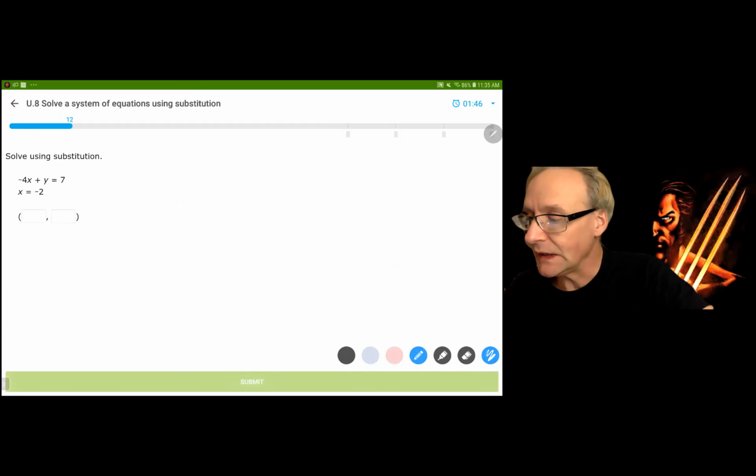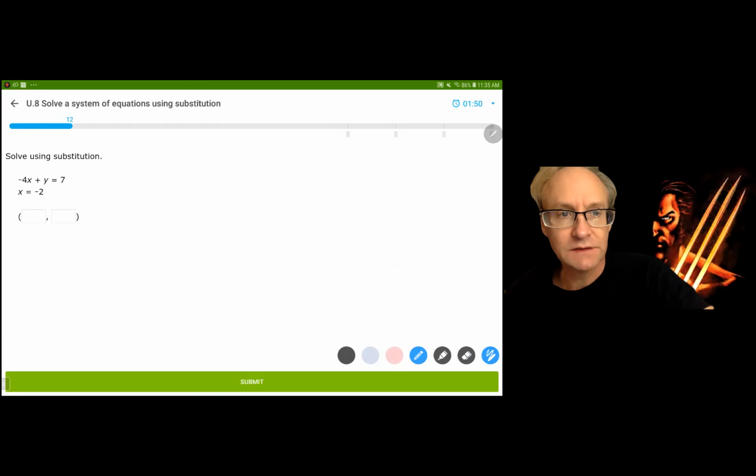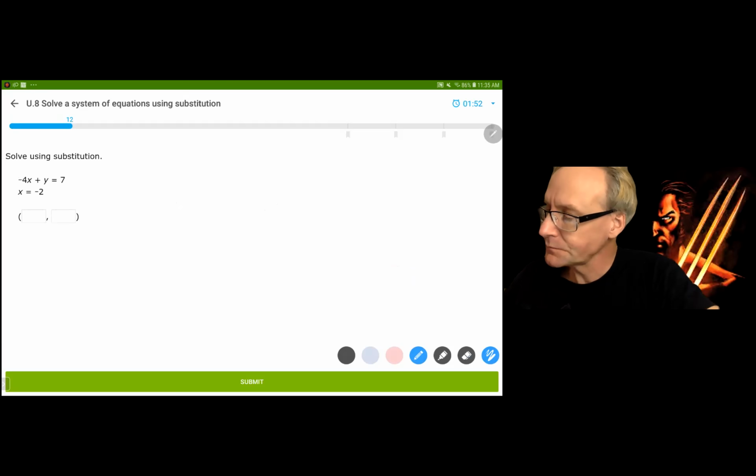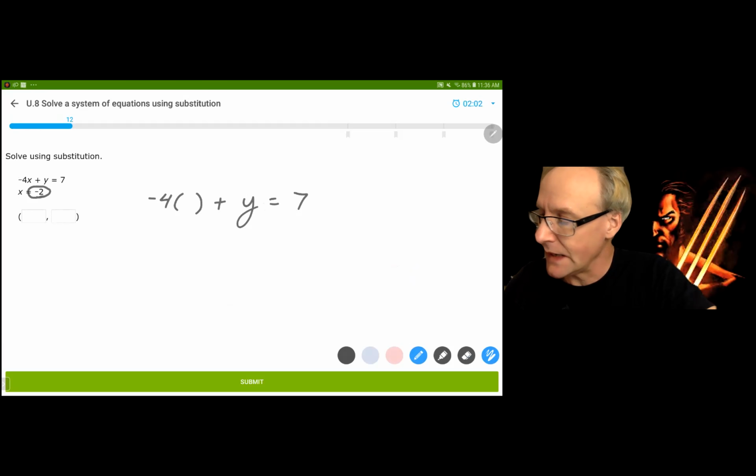Now, it could be an expression, and that's where people get a little confused. So stick with me for a little bit. We're going to start with our equation, -4 times x plus y equals 7. And instead of x, I'm going to put a -2. And then I'm going to simplify.